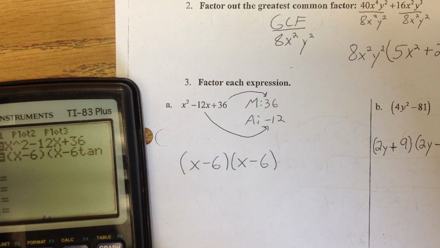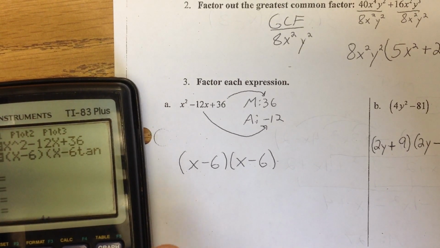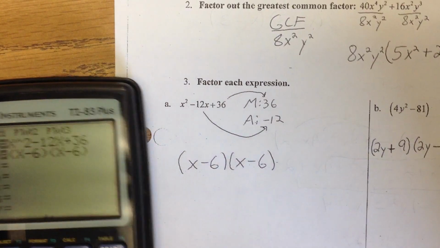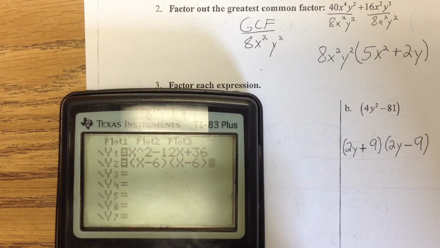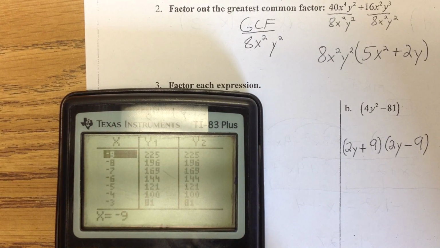All right, so let me just get that all typed in there. All right, so you'll see there the problem is in y1, the answer is in y2, and then when I look at the table, you're going to see that everything matches, and that's kind of my sign that that one checks out because everything matches at that point.